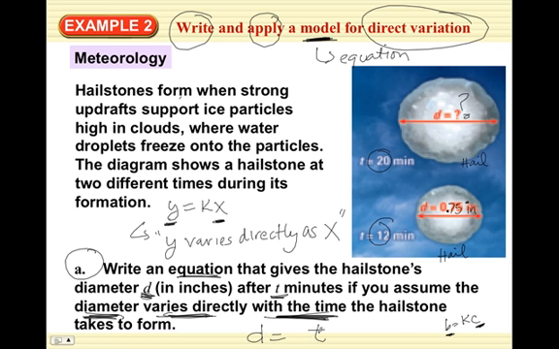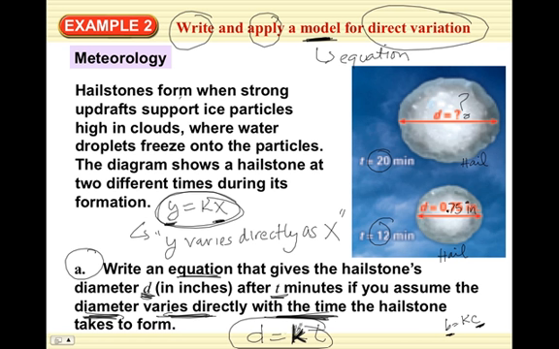Time has to be on this side. But you're missing something here. We need direct variation, which looks like this. We need diameter equals K, our constant of variation, times time. This is the formula based on the wording of the question.